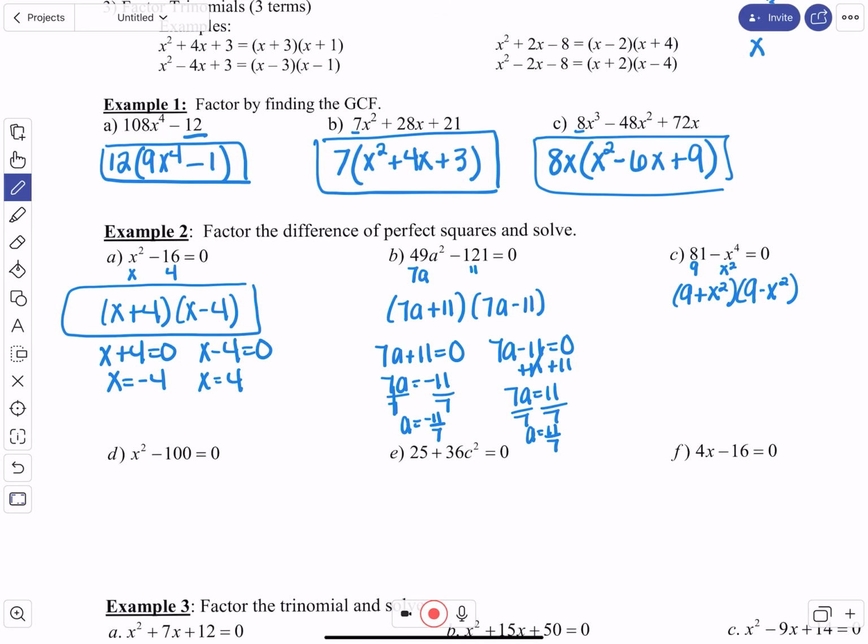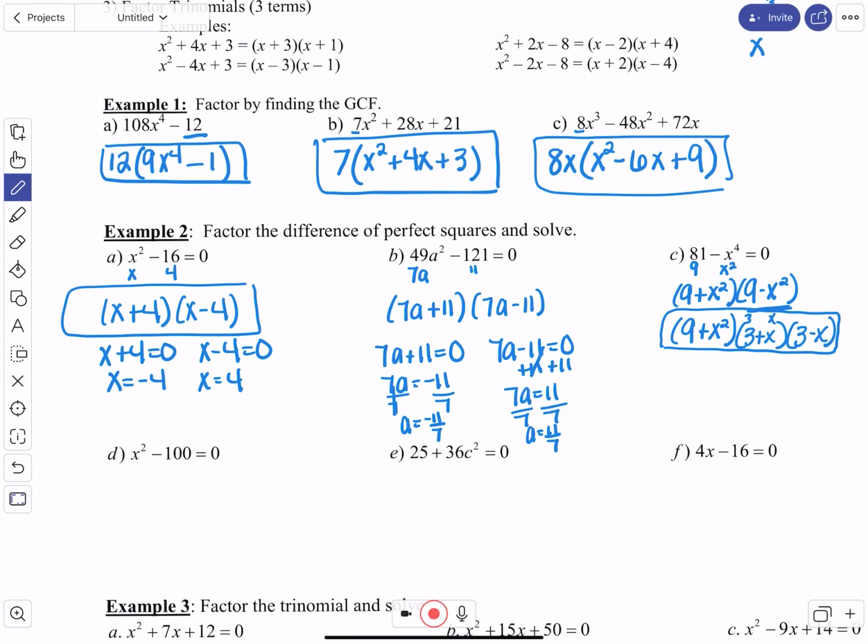Now this one's a little bit different because this part is a difference of perfect squares again. 9 is a perfect square, and x squared is a perfect square. So I'm going to bring this down. The square root of 9 is 3, and the square root of x squared is x. So this is going to be 3 plus x and 3 minus x. So this is the factored form.